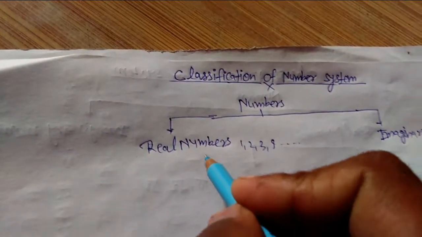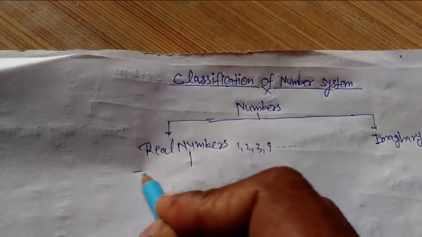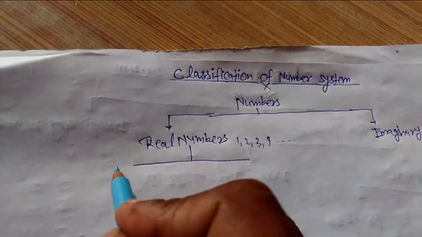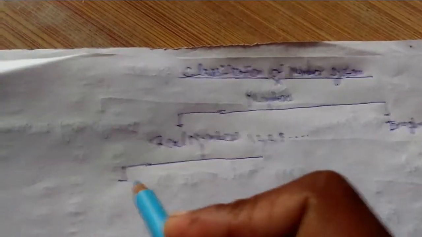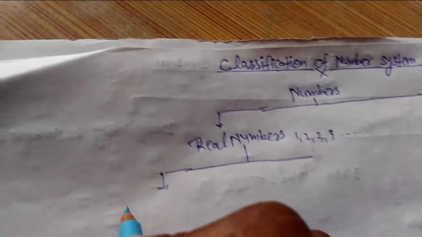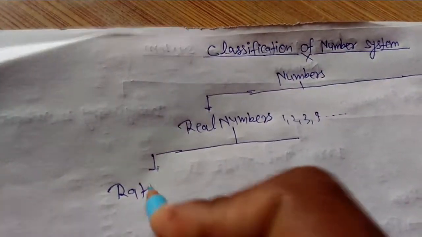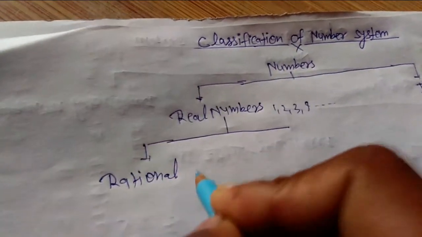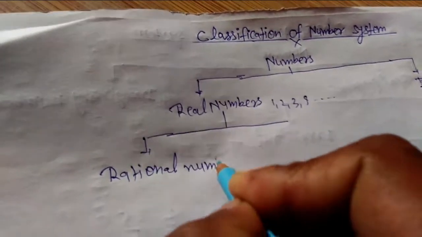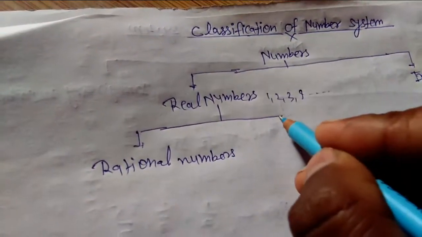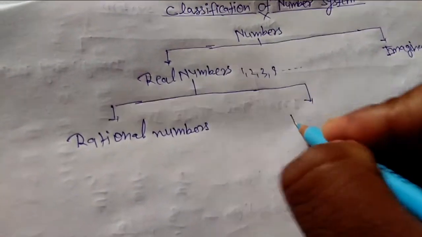Now real numbers are further classified into two categories: rational numbers and irrational numbers.